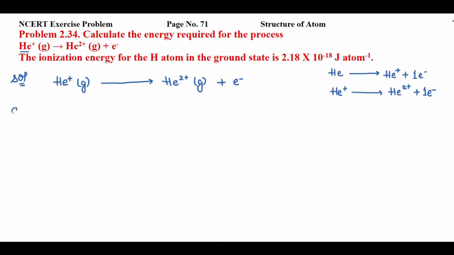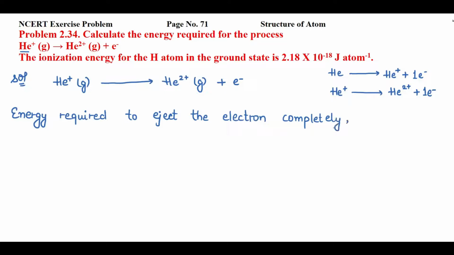So for this, the energy required to eject the electron completely will be ΔE. To determine the value of ΔE, you have to subtract the energy of the first orbit from the infinite orbit. That means E∞ minus E₁, because this electron is present in the first orbit.